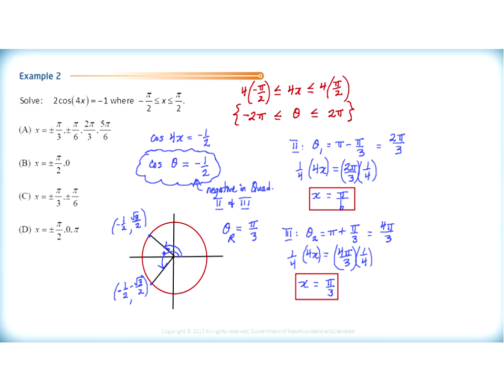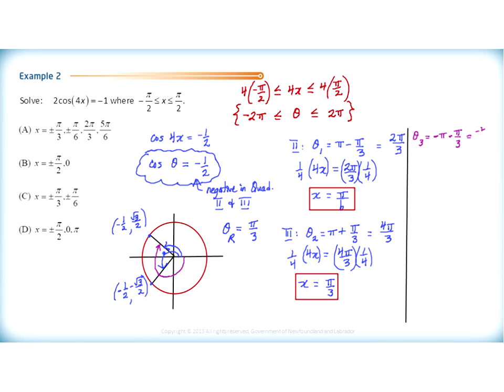We also have to go on a negative rotation around the circle because the values of theta have to be greater than or equal to a -2 pi. So if we go on a negative rotation, we can be back to quadrant 2 again. I'll try to fit it in on the screen. So another value for theta would equal a -pi minus pi/3, which is your related reference angle again.